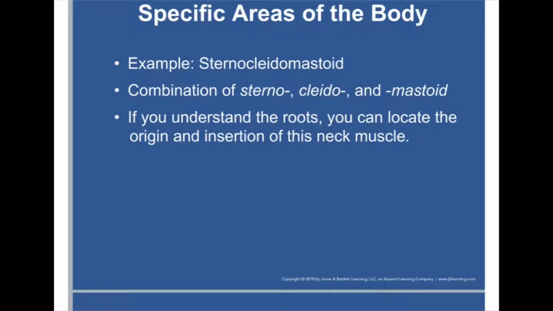Sterno refers to what? The sternum. Cleido refers to the clavicle, and mastoid refers to the mastoid process. So the sternocleidomastoid muscle is a muscle that runs from the chest up to the mastoid process in the head and helps to turn or rotate the neck.